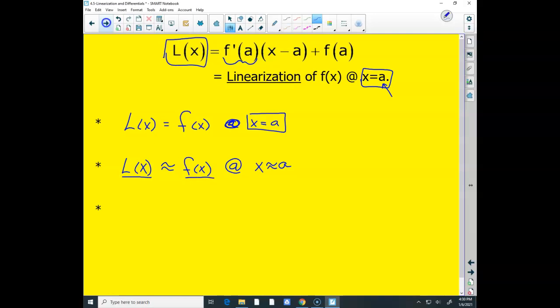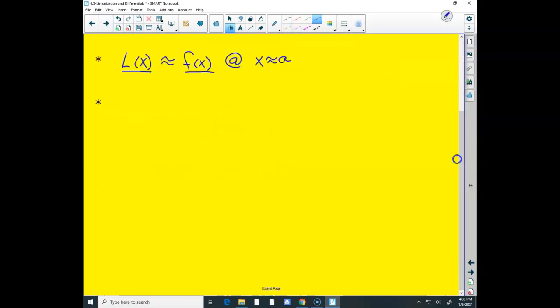And the third one is my application part. We use L of x to approximate values of f of x at values close to a.